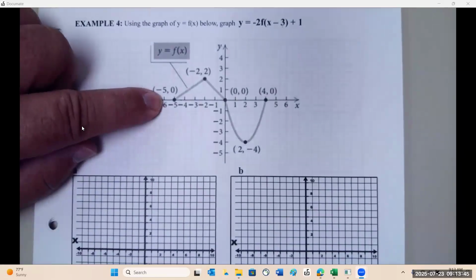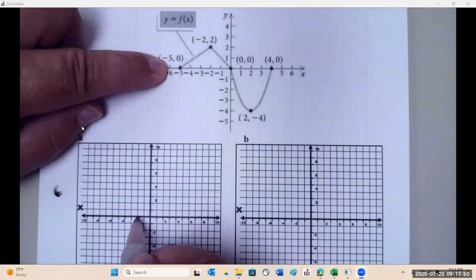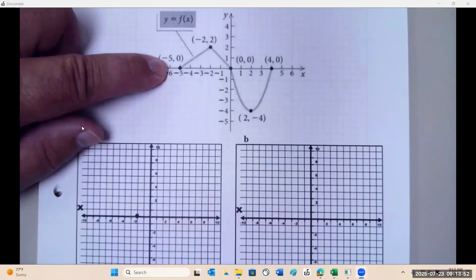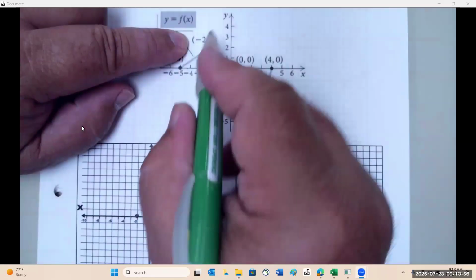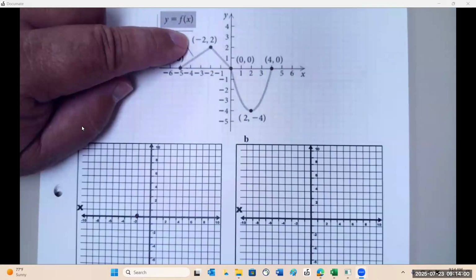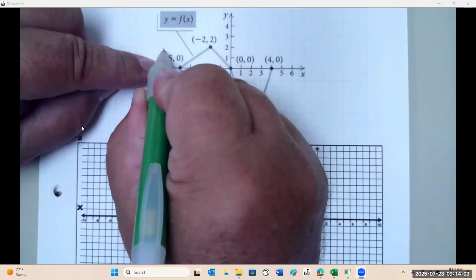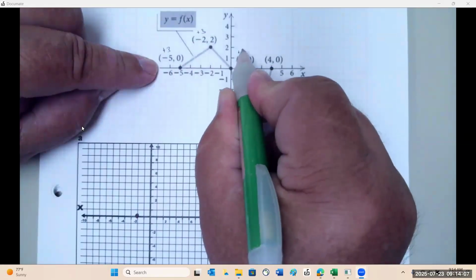So -5, 0 becomes -2, 0. Negative 2, 2: what this says is you add 3 to all your X values. So I add 3 to this one, this one, and this one.